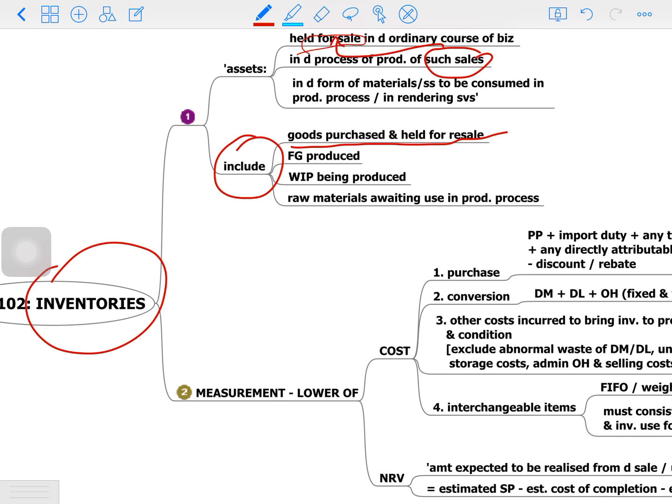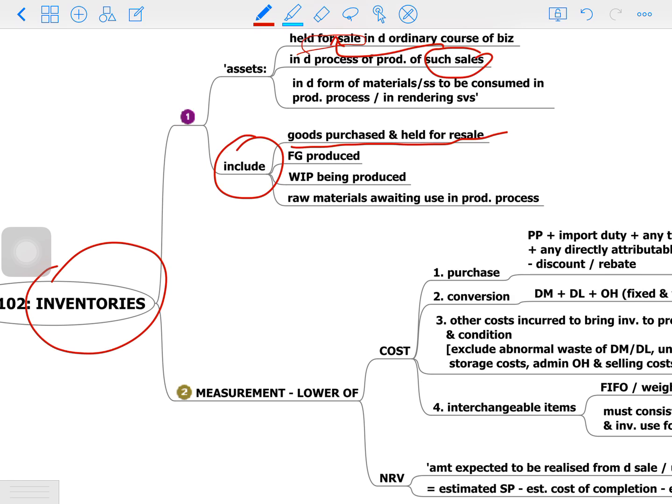If you're also a manufacturing company, you have not only the finished goods, there are partly finished goods, because it is still in the process. This is known as work in process or work in progress, and it is also categorized under inventories.